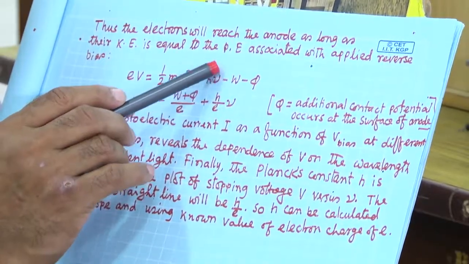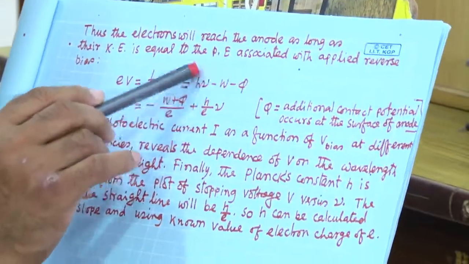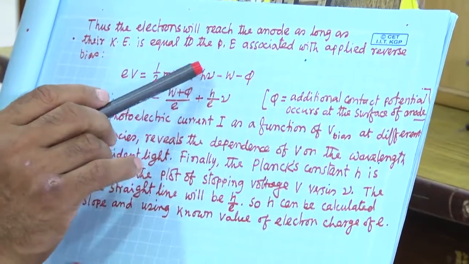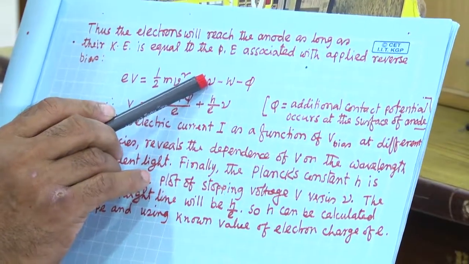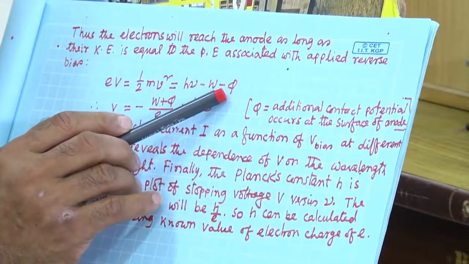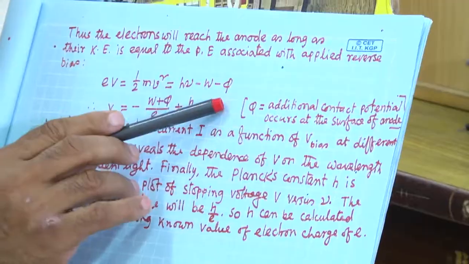So, whatever the energy of the light, h nu photons, the energy will be spent for the work function of the metal surface and for the contact potential of the anode surface.